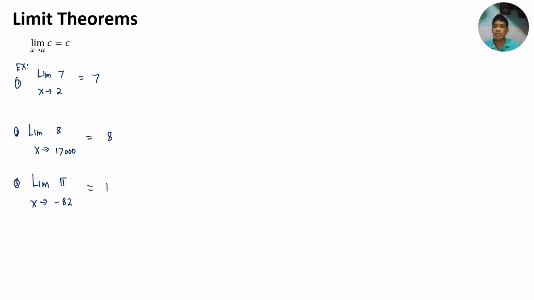Of course, since pi is a constant, ang answer pa rin natin dyan ay pi. So, for number 4, limit of e as x approaches pi. The value is e, since e is a constant, which is 2.7182818. So, that is the first theorem. For any constant, it will always be a constant as x approaches any number.